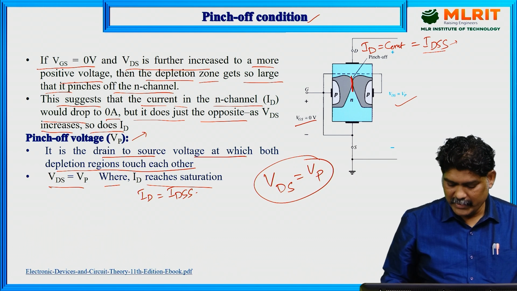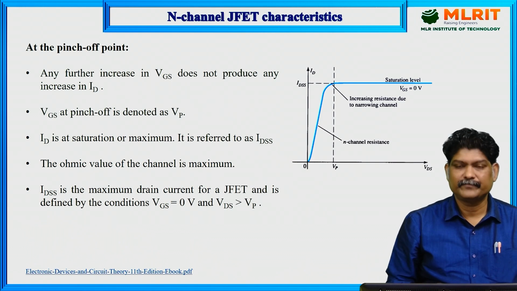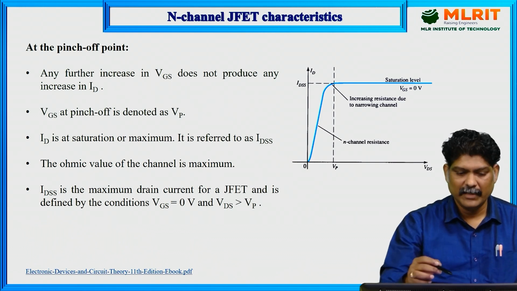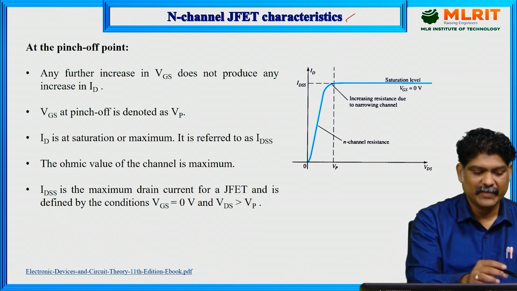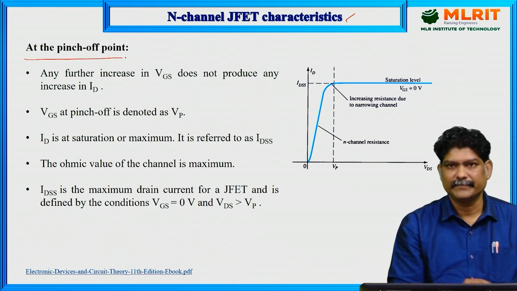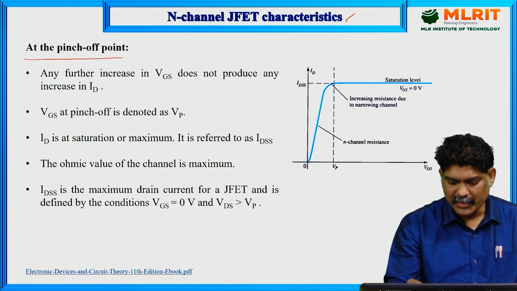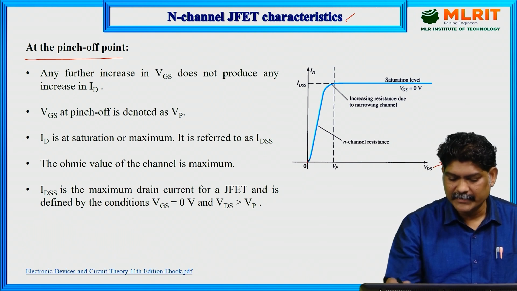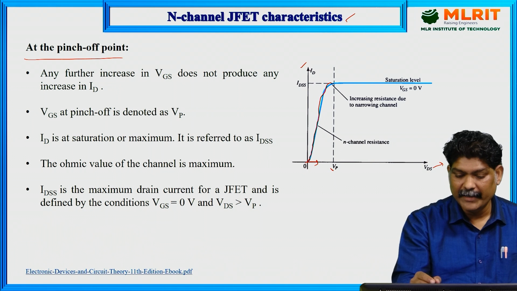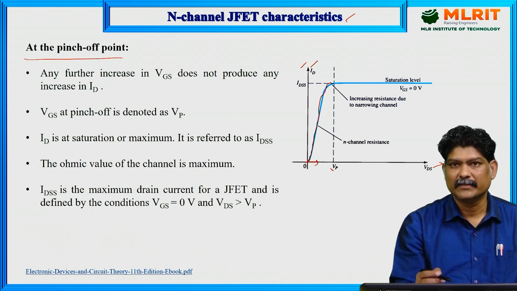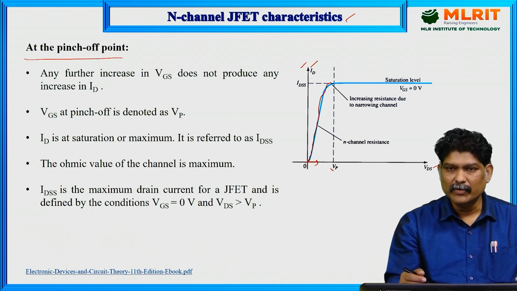Now let us see the characteristics of the N channel JFET. N channel JFET characteristics. So this is the first case at the pinch off point. Initially when you increase the VDS, there is a linear relation between VDS and ID. So as VDS increases, ID also increases correspondingly, up to pinch off condition.